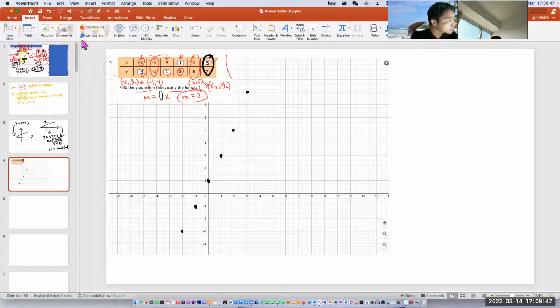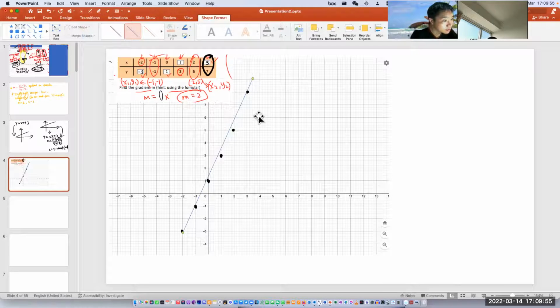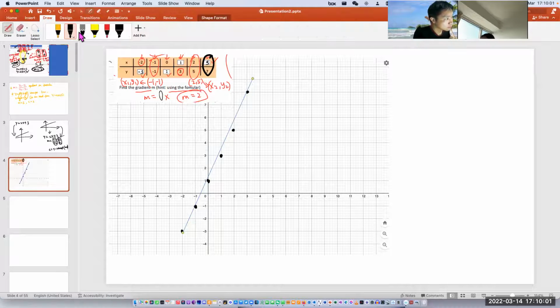What is going to happen? You cannot link up. Can you see you cannot link up all the points? If you make a mistake, you cannot link up the points together. Can you see that this one is not linked up, and this one is a bit off also?